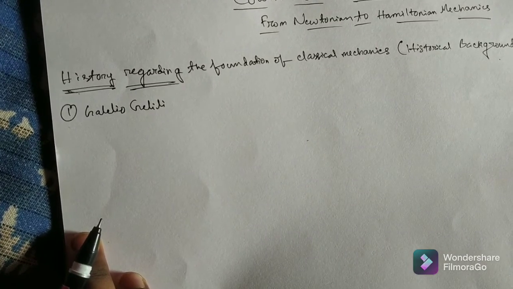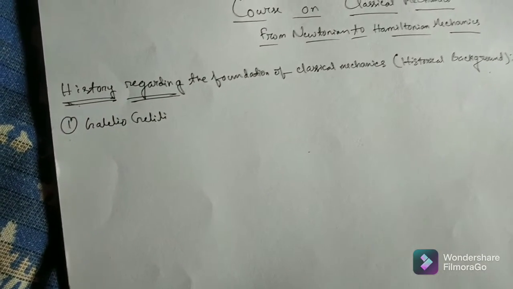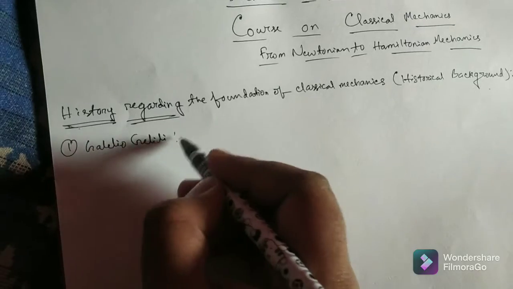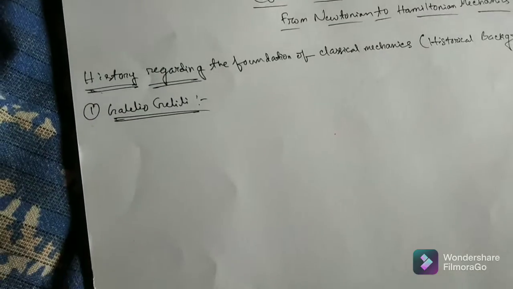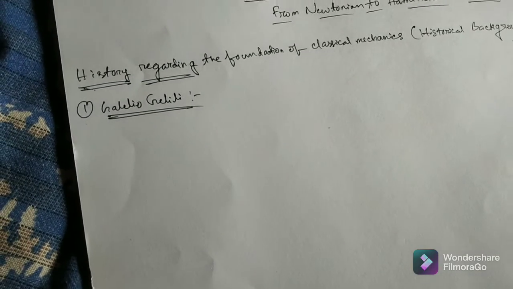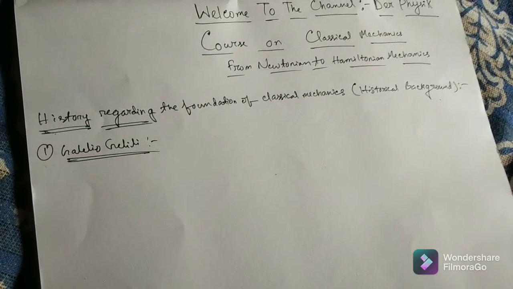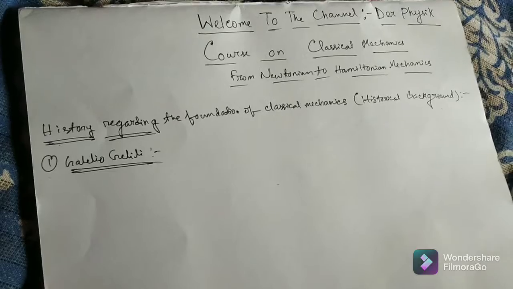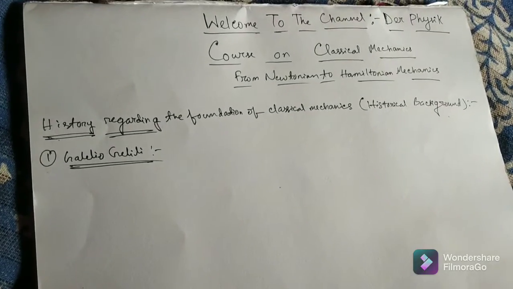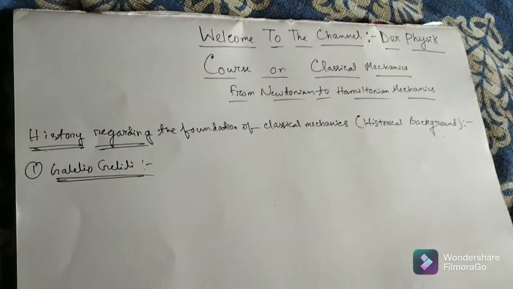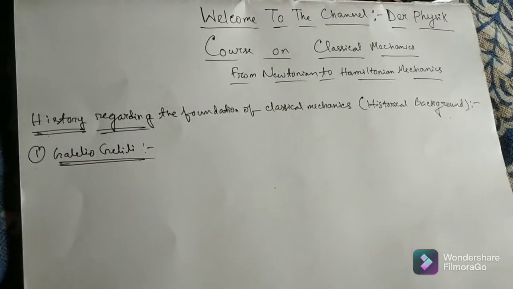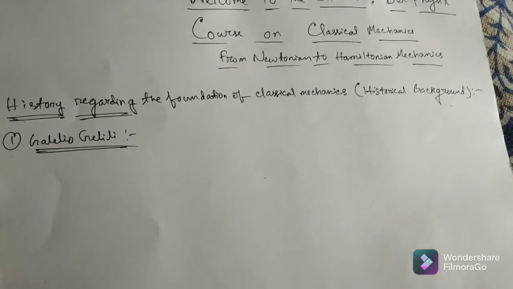Galileo Galilei was the first one. Following him, whose ideas were modified by Isaac Newton later on, he founded the fundamental three laws of motion, which are famous all over the world of physics.